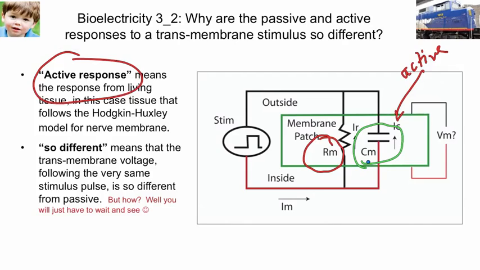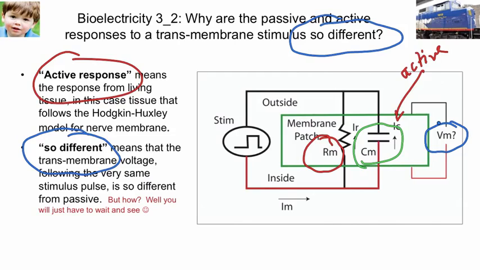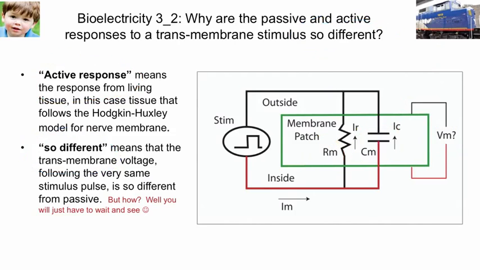Well, it's worth also talking for a moment about what is meant by so different. The question says, why are the passive and active responses to a transmembrane stimulus so different? So what that says is, what you see as voltages, these voltages are going to be so different for passive tissue and active tissue.